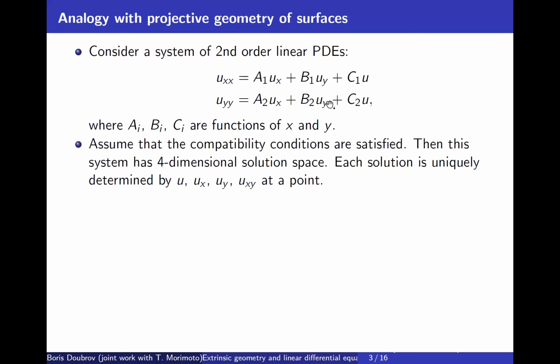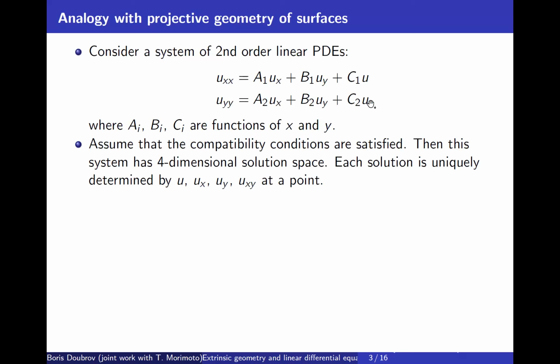On the other hand, suppose somebody has given us this system of PDEs, and we assume the system is compatible, which means that if we differentiate the first equation by y two times, that will be the same as if we differentiate the second one by x two times.